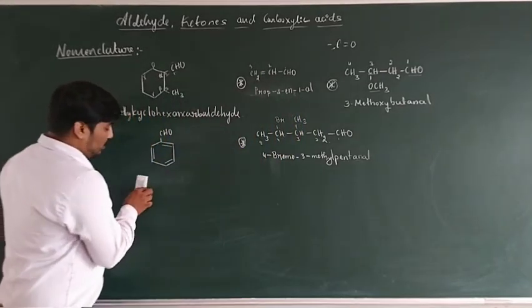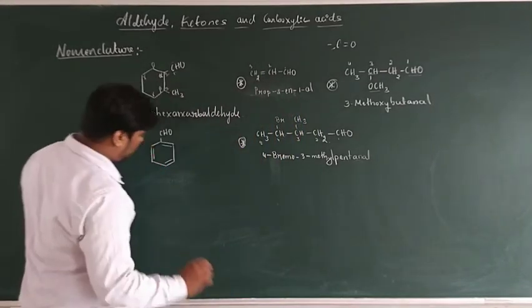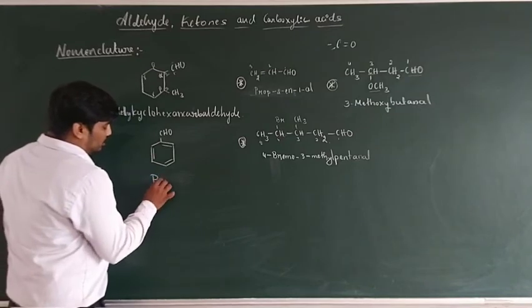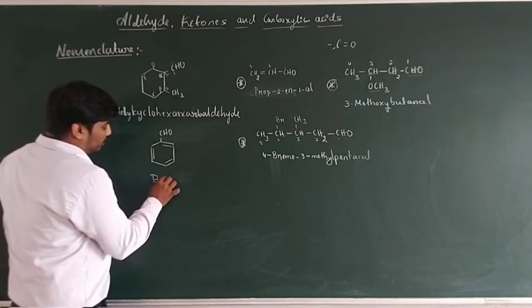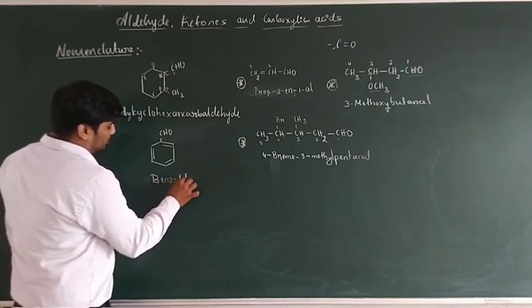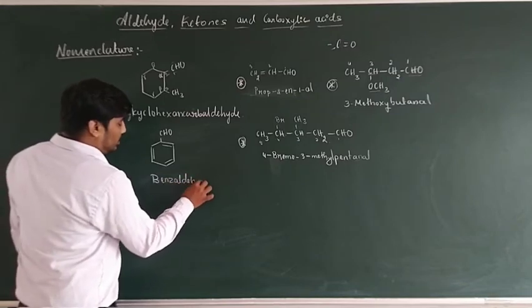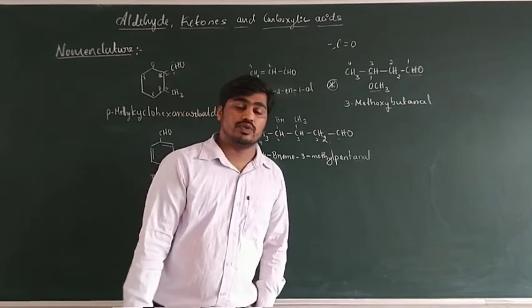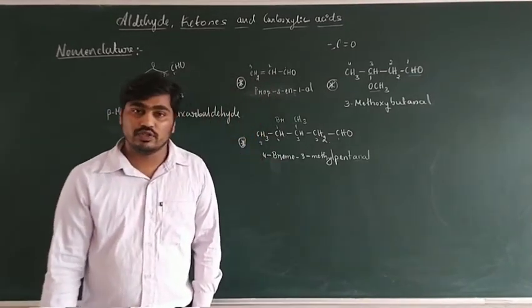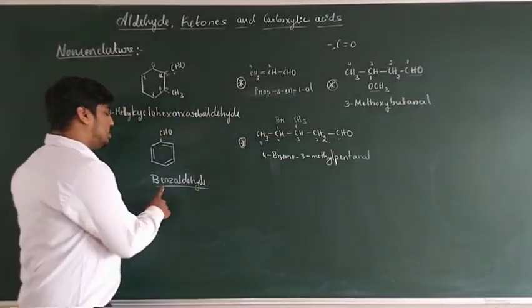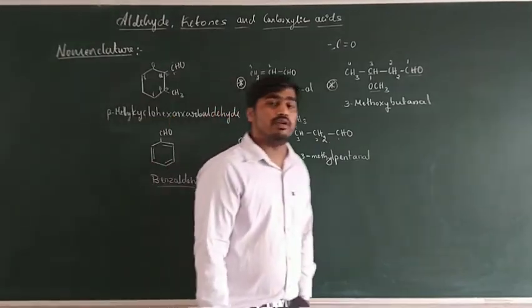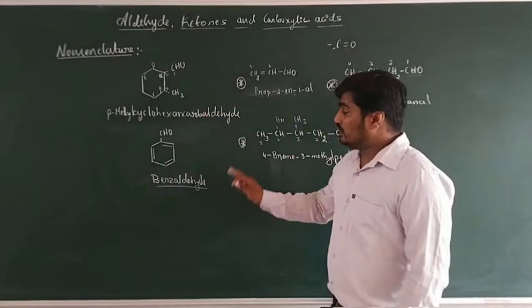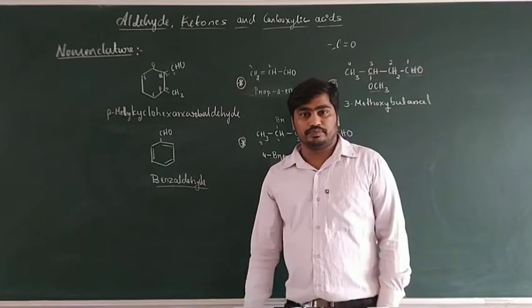But there is another word from the common name, benzaldehyde. This name is accepted in the IUPAC system also. Therefore, this one is also correct. The benzaldehyde name is correct under the IUPAC system also.